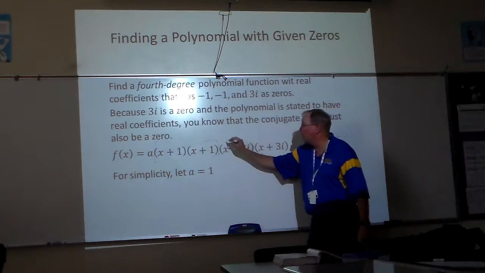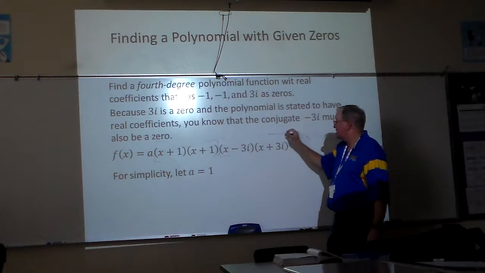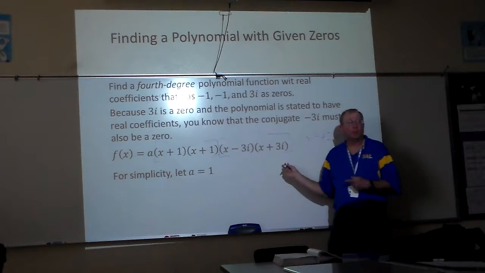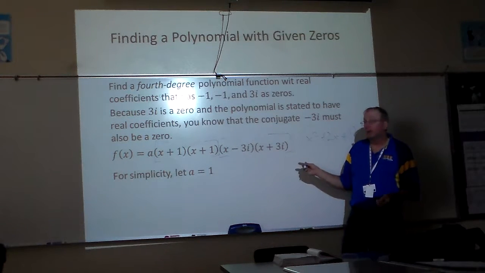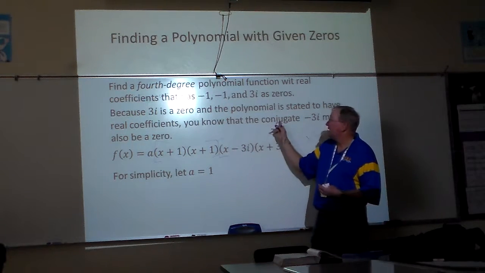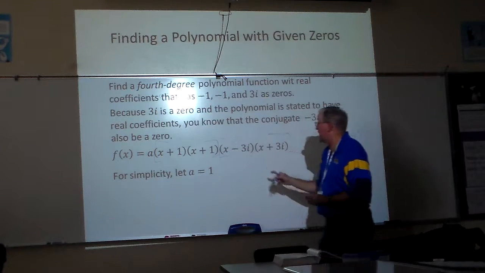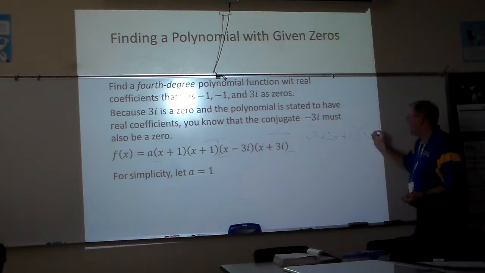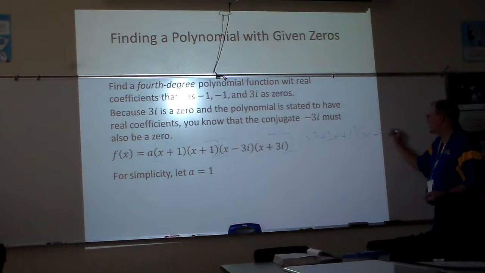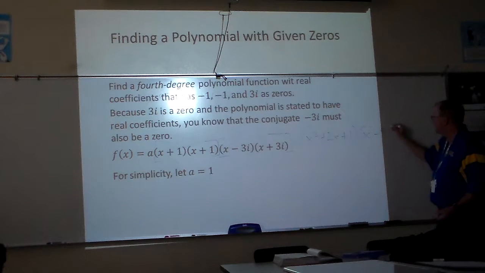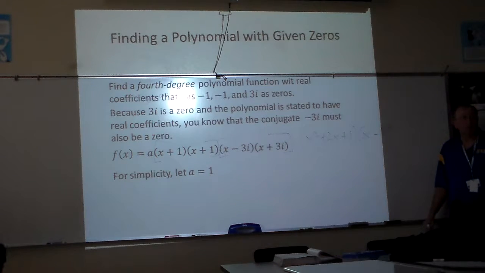And then when I FOIL this one, guess what's going to happen to the middle terms? They're going to cancel out. It's a difference of squares. I knew that's going to happen. So I will have x squared minus, what's 3 times 3? That's 9. 9i squared. Correct?